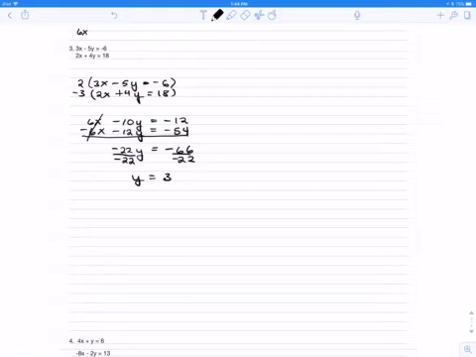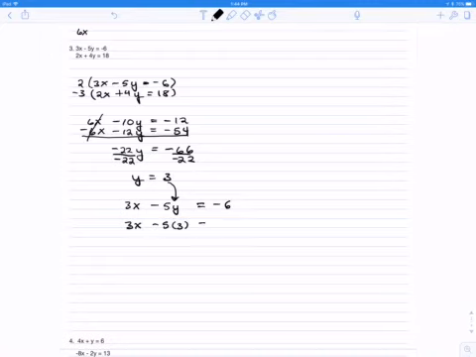So to find x, I'll pick either of the other equations. It doesn't matter which. So if I pick the first equation, 3x minus 5y equals negative 6, I'll replace y with 3. So I have 3x minus 5 times 3 equals negative 6. So 3x minus 15 equals negative 6.